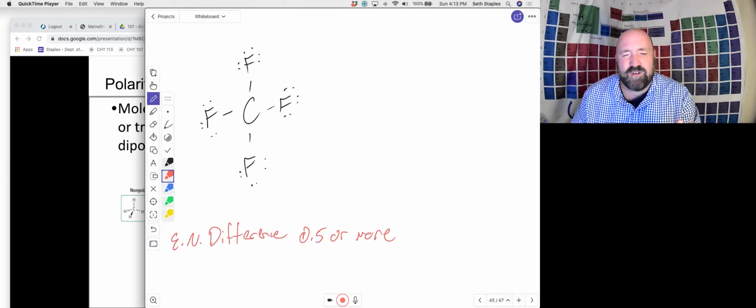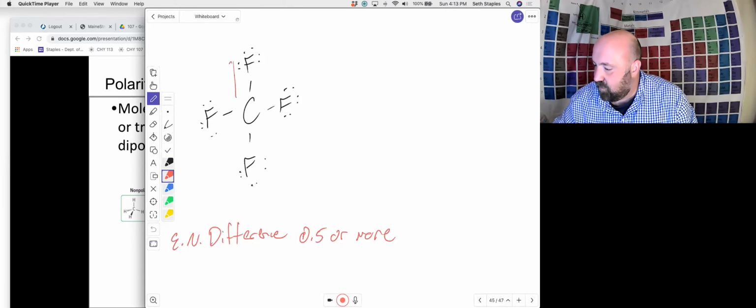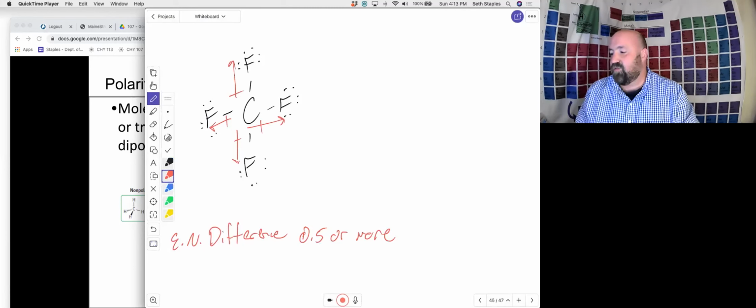And I forget what the values are for carbon and fluorine. I think carbon's 2.5 and fluorine is 4 maybe. So definitely a difference of 0.5 or more. And so each of these bonds is definitely a polar bond, with the electrons spending more time near the fluorine atom.